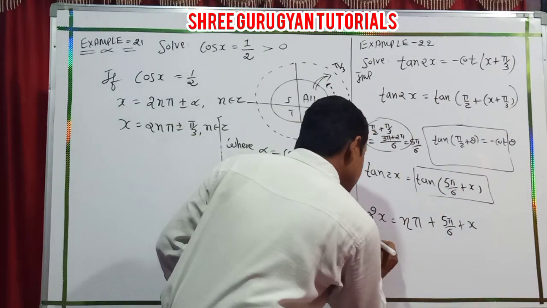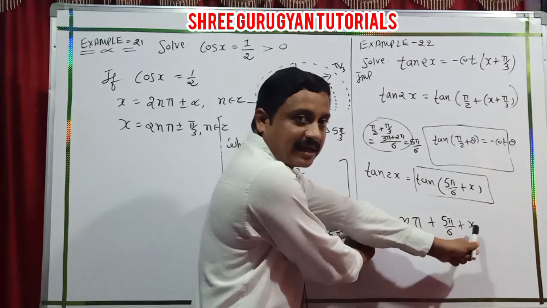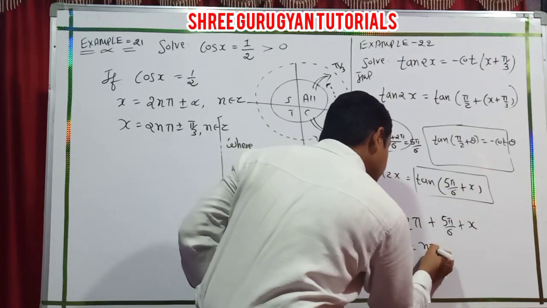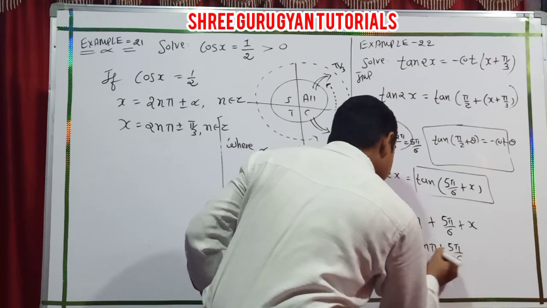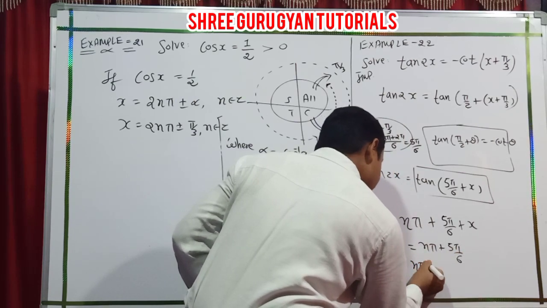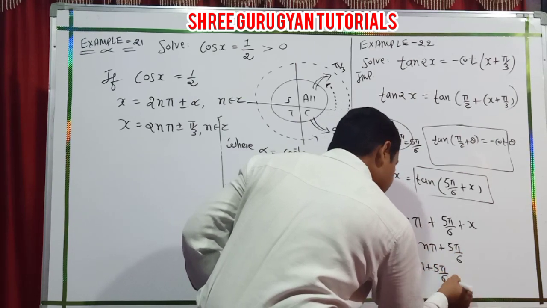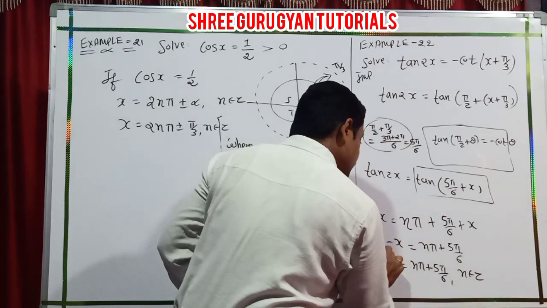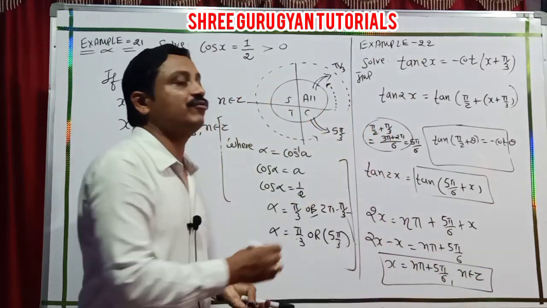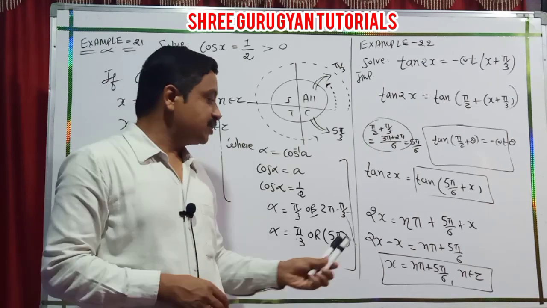So now 2x minus x, this 2x and this x are separated. So my answer is x equals n pi plus 5 pi by 6, n belongs to z. And this is the final general solution of this example, number 22.